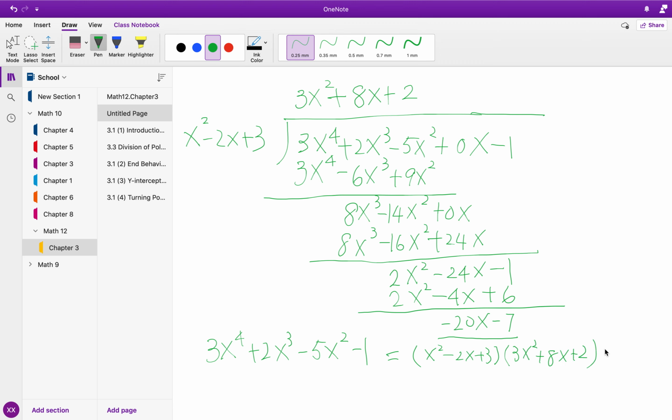And then what is your remainder? Negative 20x subtract 7. So that is this long division.